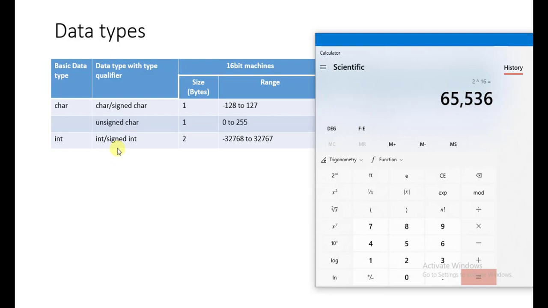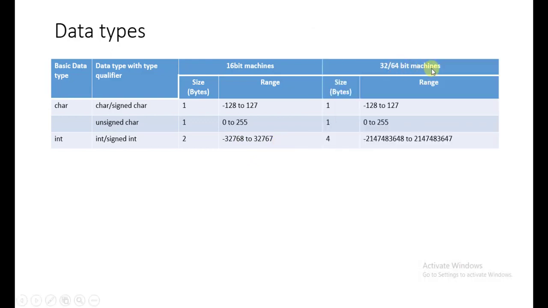For unsigned it will be 0 to 65,535, which is minus 1. For signed it will be divided by 2, so it is -32,768 to 32,767. And in 32 and 64-bit machines, int size is 4 bytes.